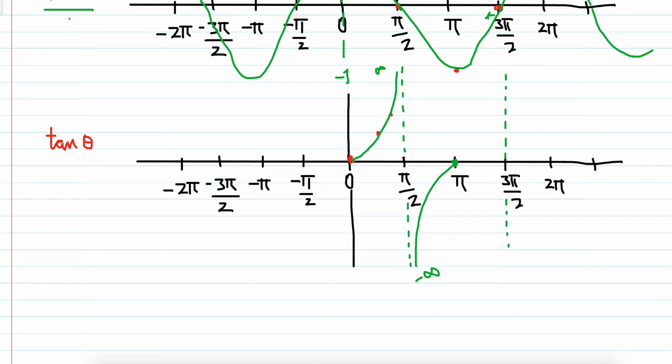This is pi by 2. This is pi, then 3 pi by 2, then 2 pi. And again we will have 5 pi by 2, then 3 pi, and so on.